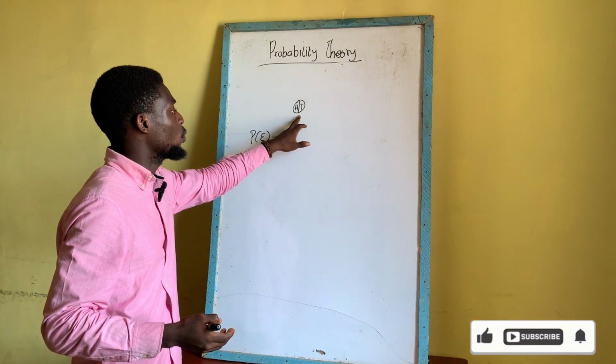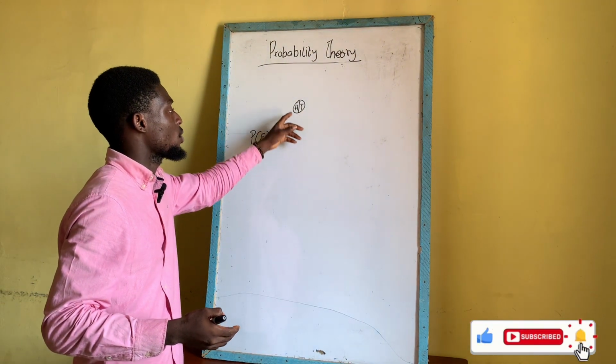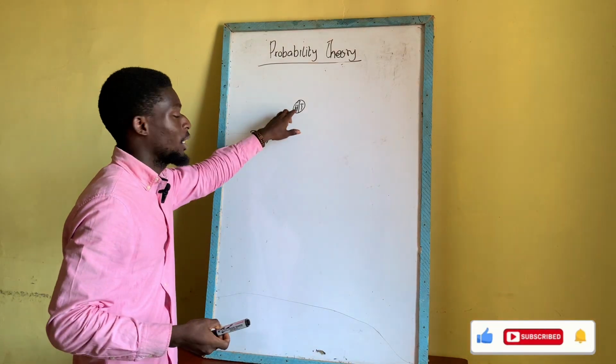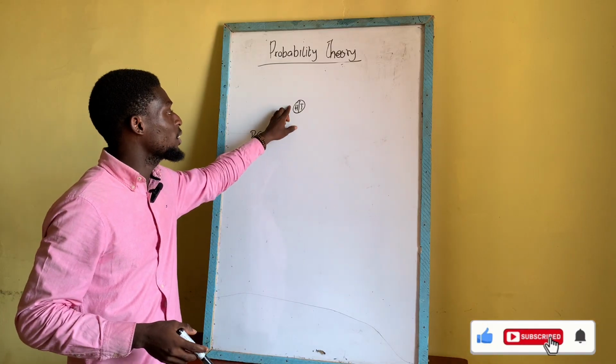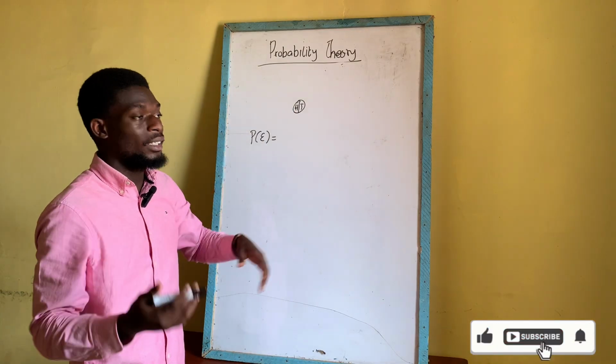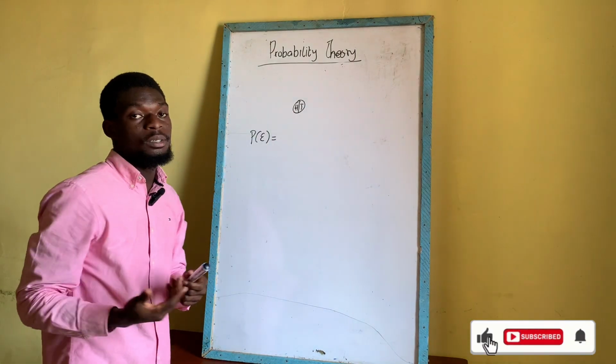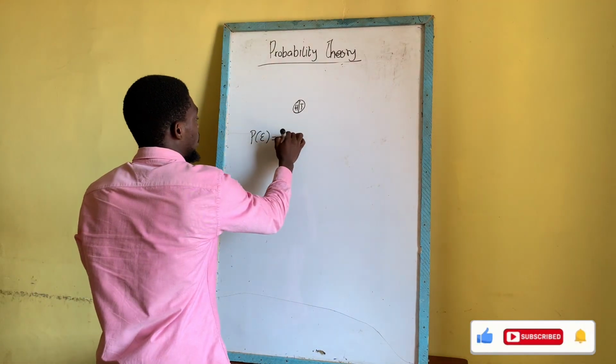So the total number of possible outcomes is 2, and the number of favorable outcomes is 1, and not the head. Although I am interested in getting a head, in numerical terms, it is 1.